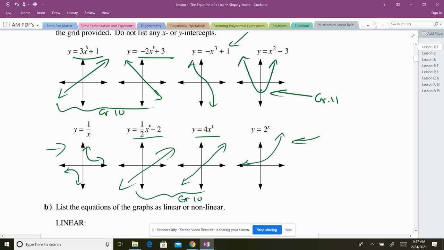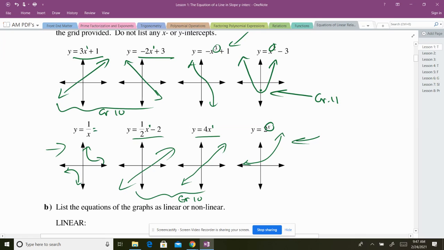If the highest exponent in the equation is 1, it's a linear line. If it's anything else, it's curved or nonlinear. Exponent of 2, we get a curve. Exponent of 3, we get a curve. If our variable is the exponent, that's called an exponential function. Grade 12, it's curved.